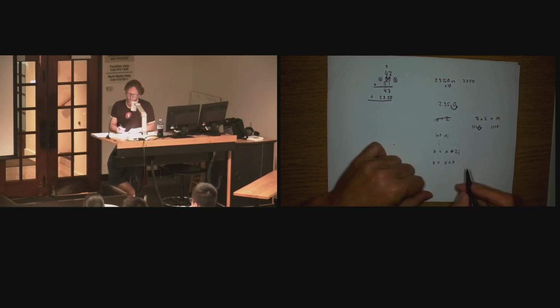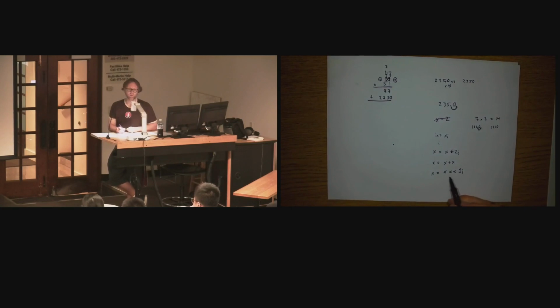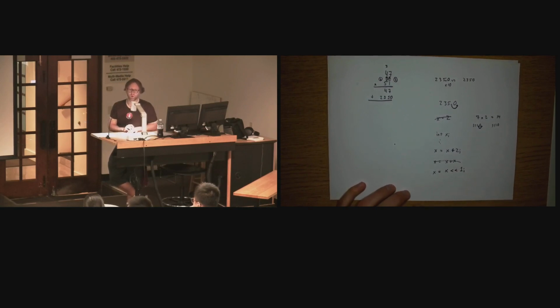One way that you can do this in most programming languages is to shift it by 1 bit. This is, in fact, what your compiler is going to end up doing. Your compiler is going to see multiplication by 2. No, I can do better. I'm just going to shift it over by 1.